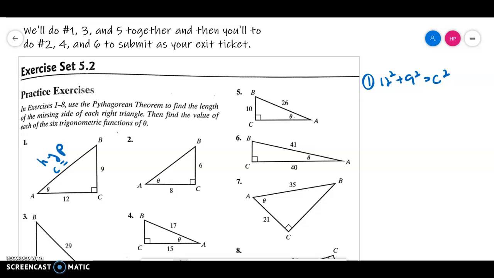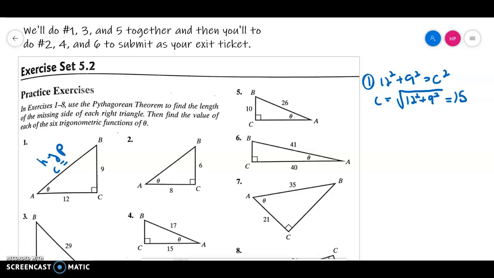A squared plus B squared equals C squared. So that length is actually going to be, when I square root, 144 plus 81. And these did work out to be whole numbers. So if you want to key that in your calculator, you can. It should be the square root of 225, which is 15.